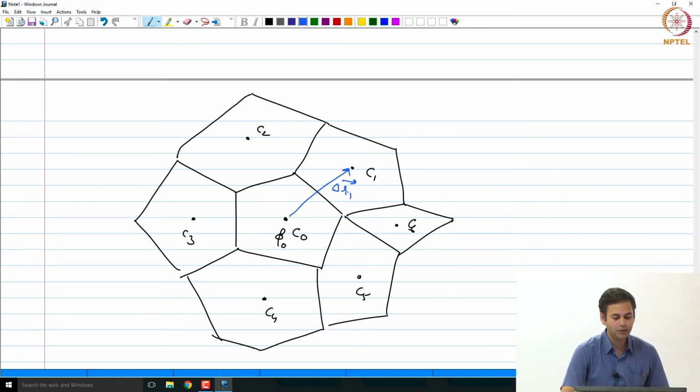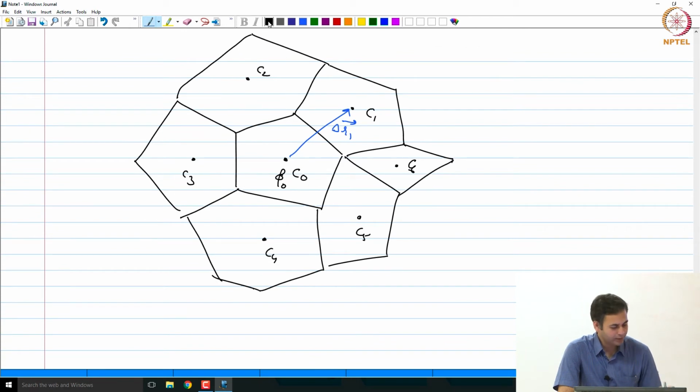Okay. Can we obtain delta R1 bar? We can, right? We know the cell centered values. So, if I were to calculate phi at 1 from phi at 0, how do I obtain this? Using the general Taylor series. Phi 1 equals phi 0 plus, what do I need to know? Gradient of phi at the cell centroid.